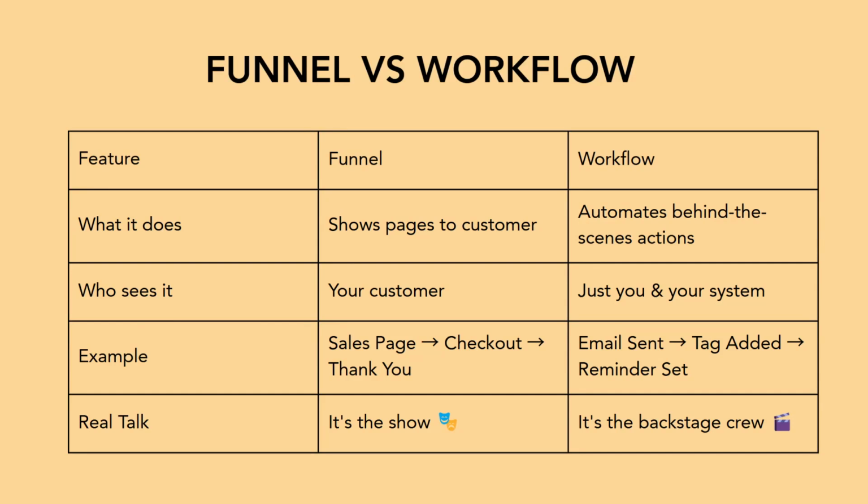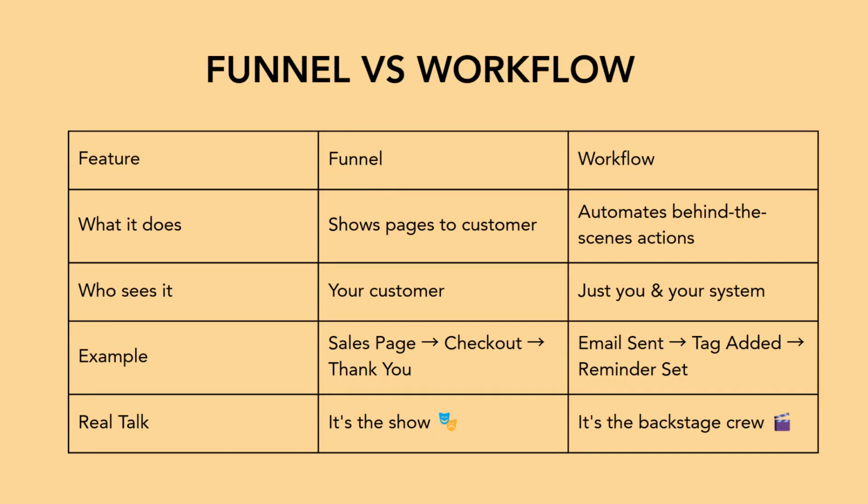Essentially, if you want to break it down by features, a funnel shows your pages to a customer, whereas a workflow automates everything that happens behind the scenes. Now, who sees it? With a funnel, your customer will see it. A workflow, just you will see it, in your system. For example, a funnel can consist of three digital assets.